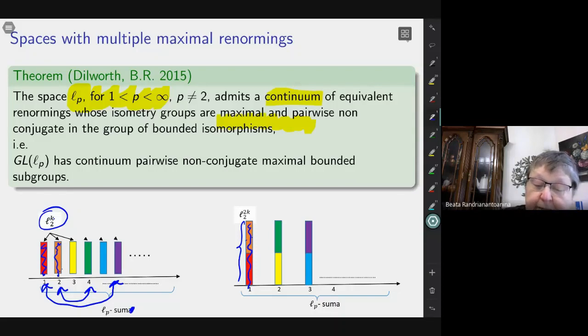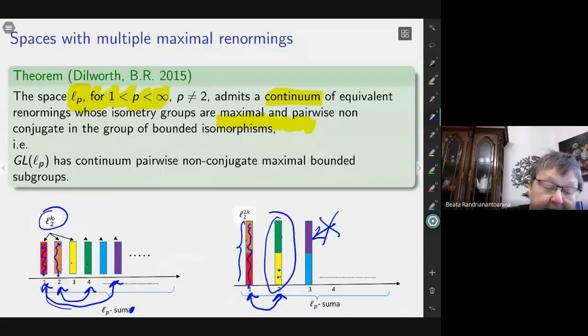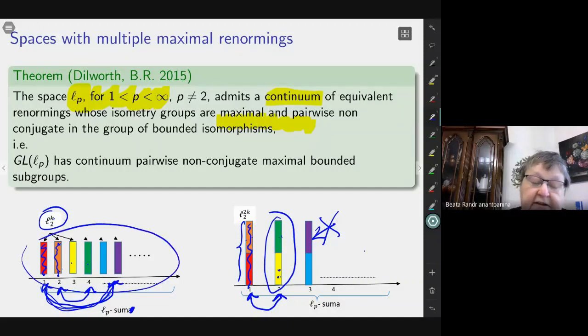Now, this fiber can be moved somewhere. For example, it can be moved to this fiber, which combines 3 and 4, but that would force the first fiber to go here. It cannot go to this one. Right, this is not allowed anymore. It has to stay within this fiber. So that means that the isometry group of this is not a subgroup of the isometry group of that.